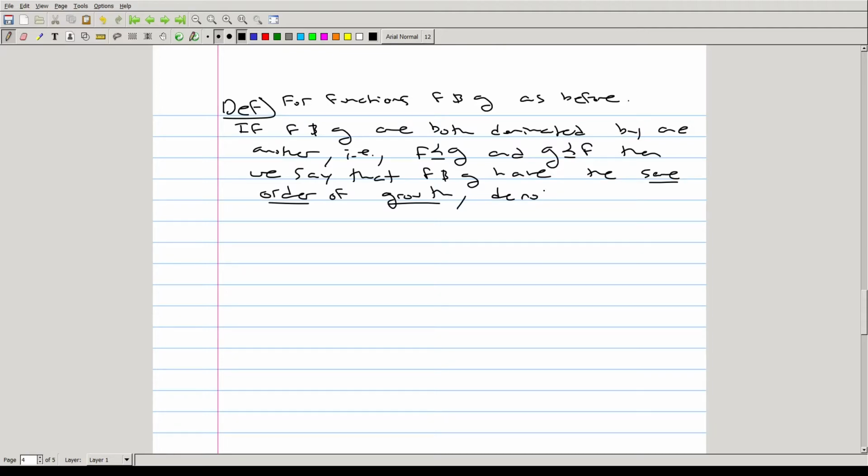Denoted by f tilde g, or in the big O terminology, we say that f is big theta of g.